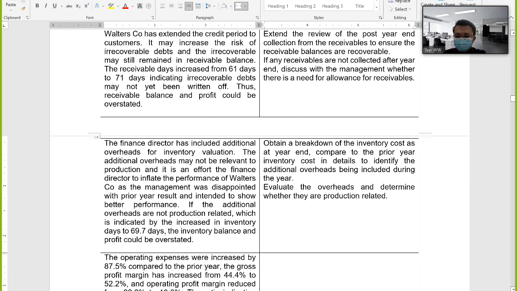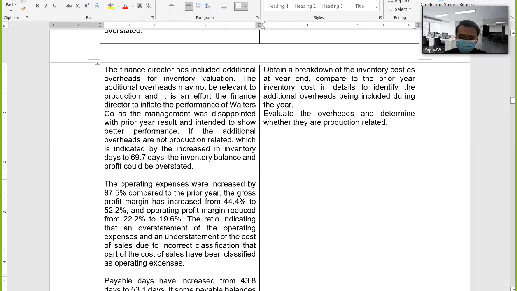Find out what the additional overheads are and determine whether they are production related. If they are actually production related, then it's okay, let him include them in the inventory balance.